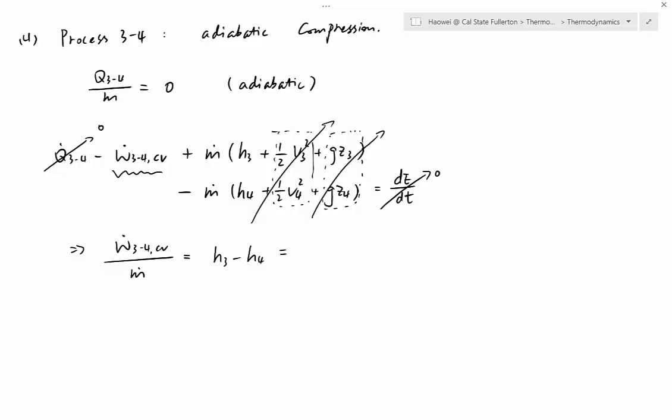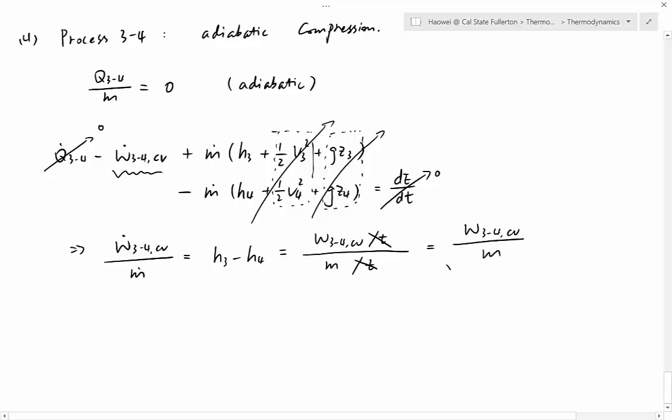Why? I can prove that. W dot is defined as W divided by time. And M dot is defined as M over time. Those two t's cancel. So what is left is W324 control volume work over M. And that's exactly what I'm looking for. In order for us to find the solution, we need H3 and H4.